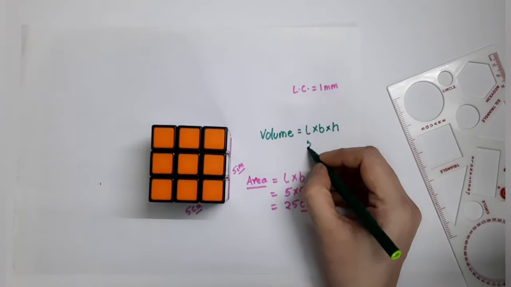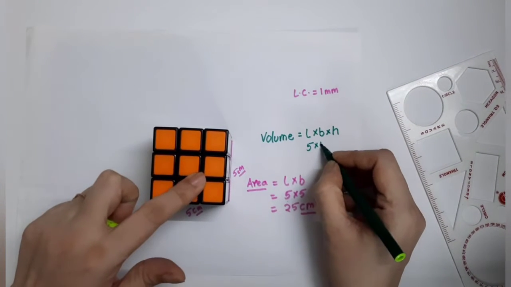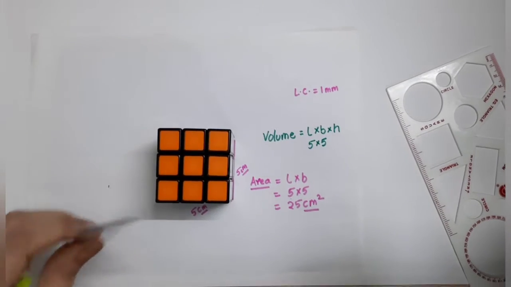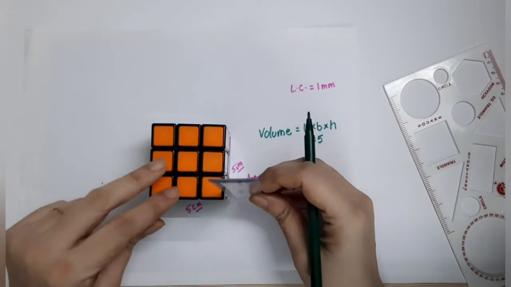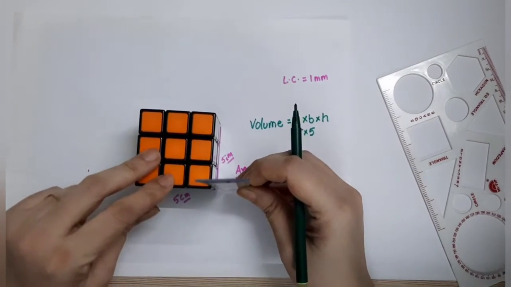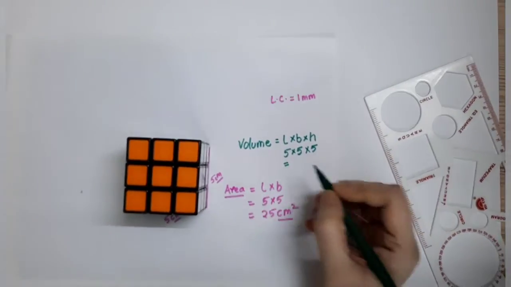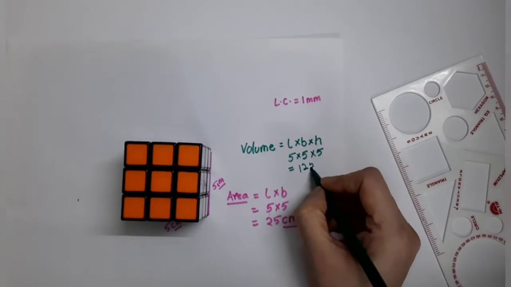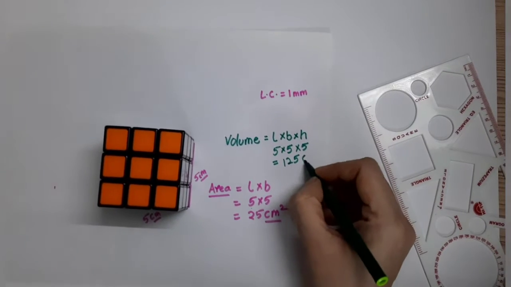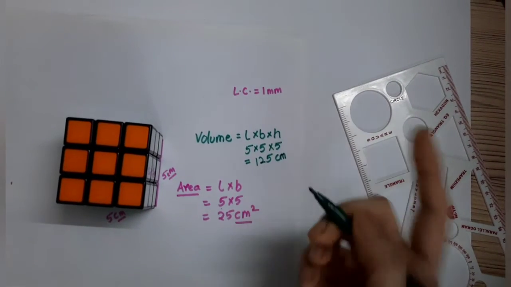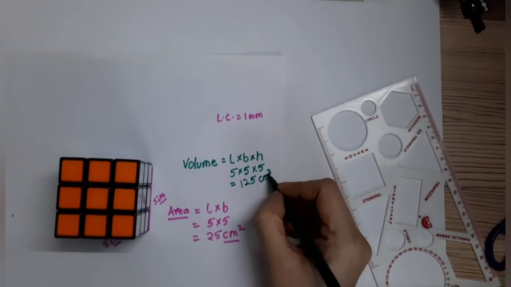We know the length of this cube is 5. We have measured the breadth of this cube. Now we have to calculate the height of this cube, which is again 5 centimeter, and the volume of this cube is coming as 125 centimeter, and because I am multiplying one more centimeter, it becomes cube.